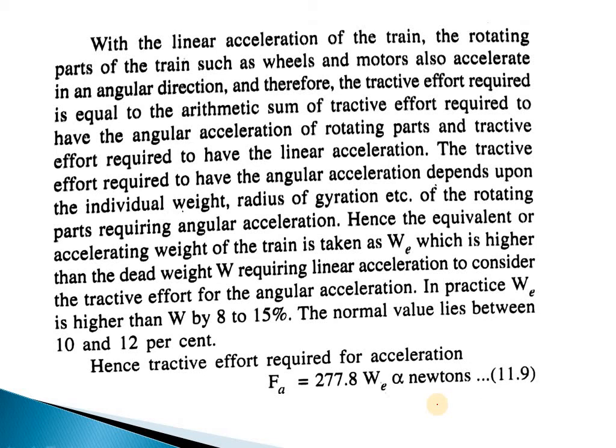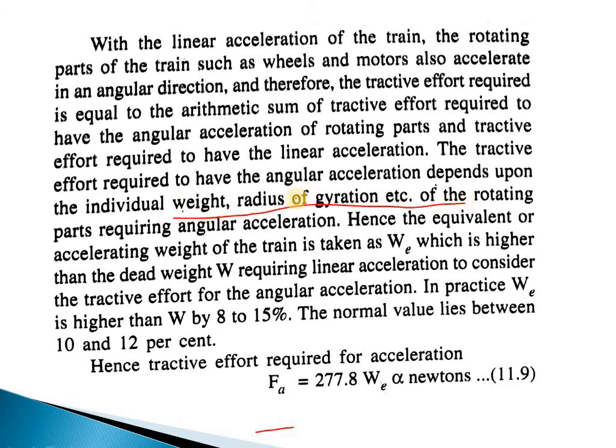The tractive effort required for angular acceleration depends upon the individual weight, radius of gyration, etc. of the rotating parts requiring the angular acceleration. That means the angular acceleration is dependent on the weight and the radius of gyration, etc.